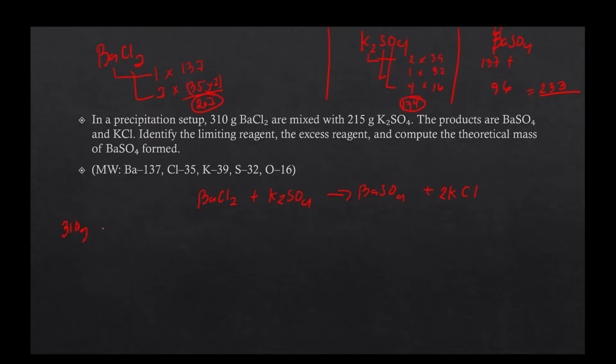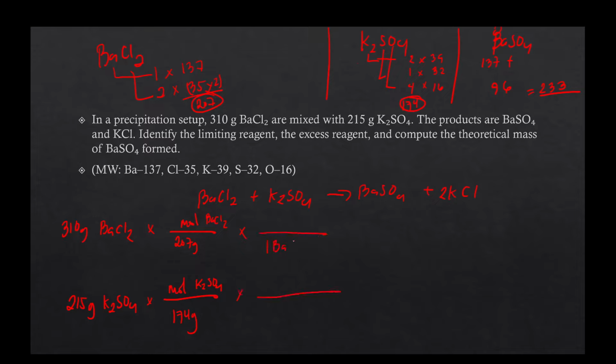310 grams barium chloride. Then the other one is 215 grams potassium sulfate. Okay, next is barium chloride is 207 grams per mole. 215, potassium sulfate 174 grams per mole. It is a 1:1 ratio with barium chloride.